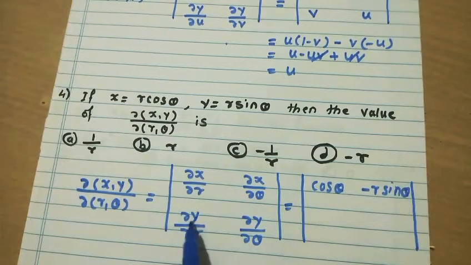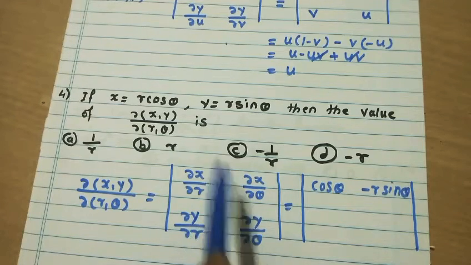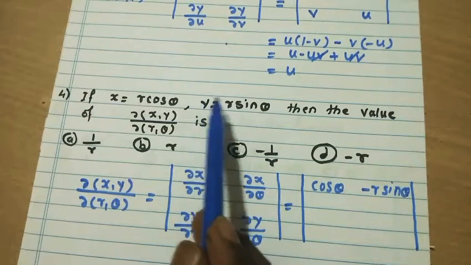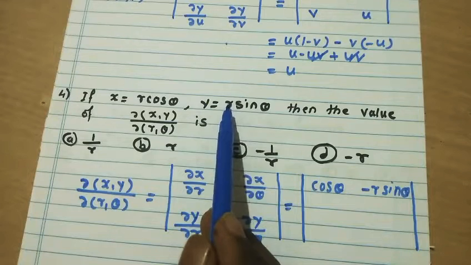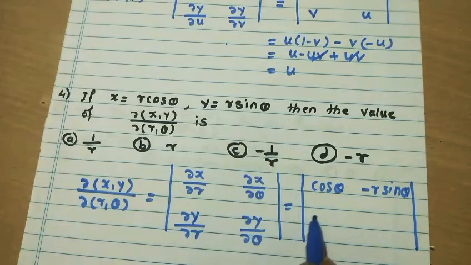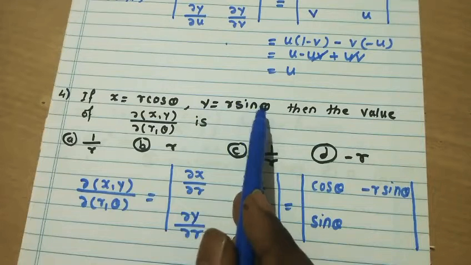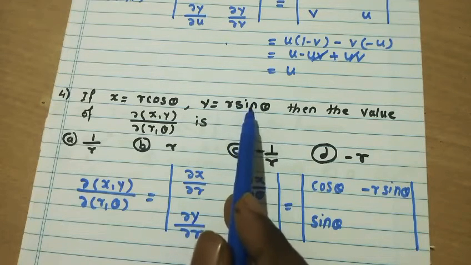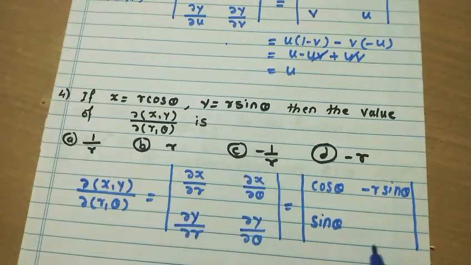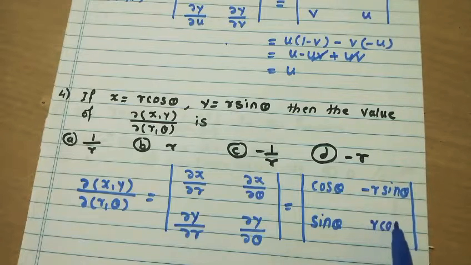In the second row, del y by del r, take the partial derivative of y with respect to r, the derivative of r is 1, so only sin theta remains. Now del y by del theta, the derivative of sin theta is cos theta, r remains as it is, so you will get r cos theta.